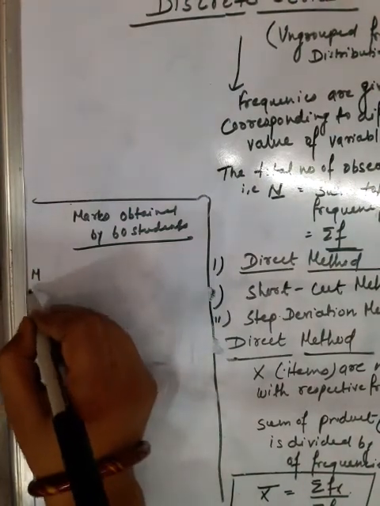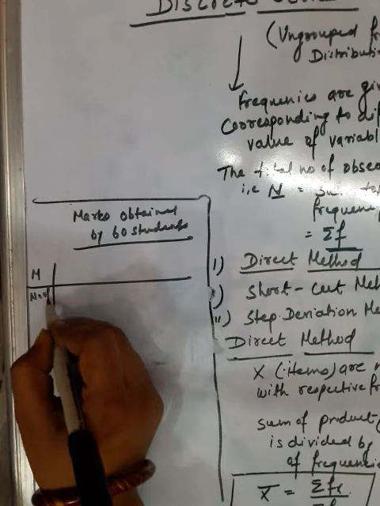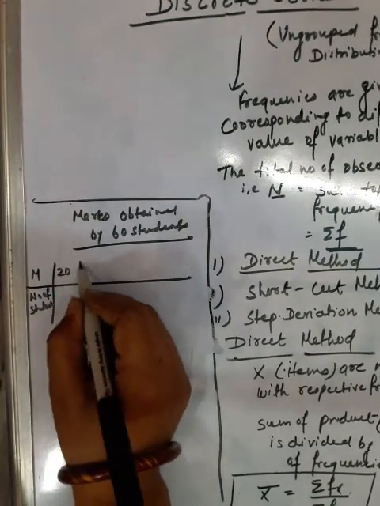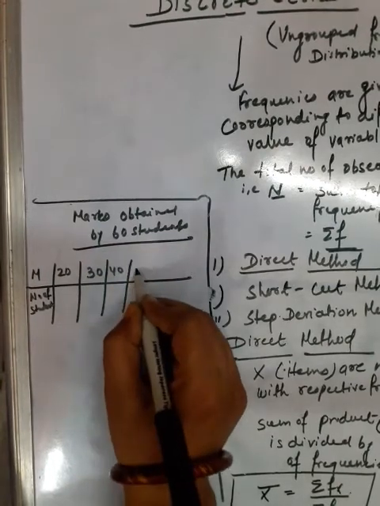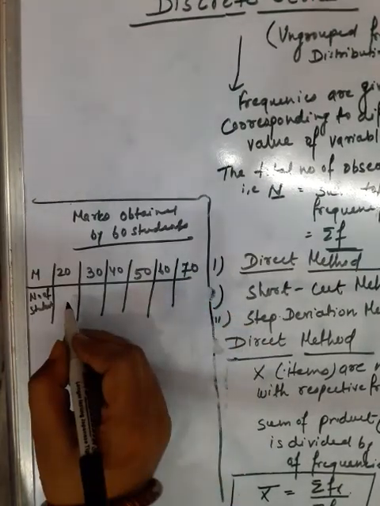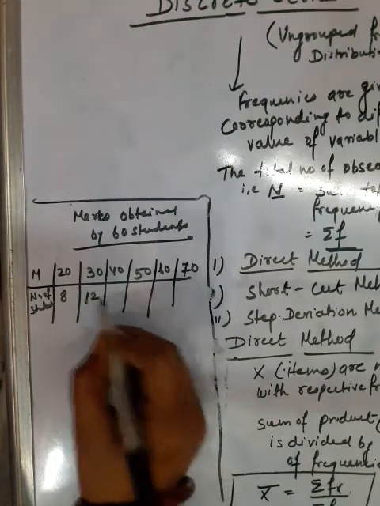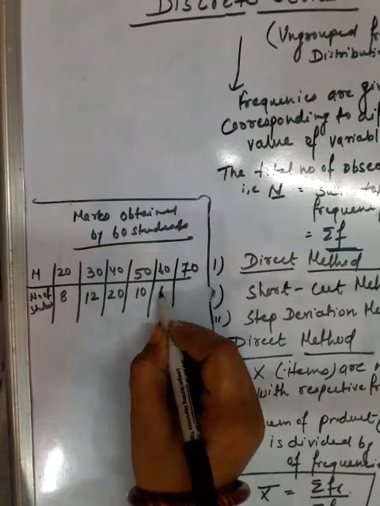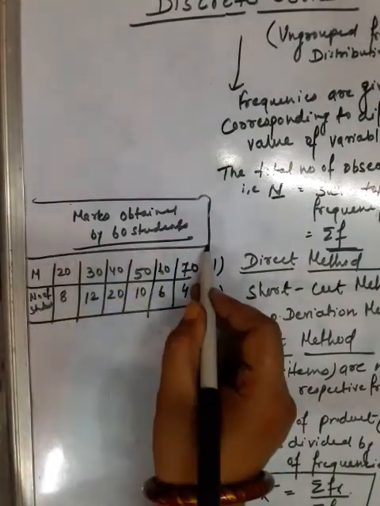That is the data: marks are 20, 30, 40, 50, 60 and 70, and number of students are 8, 12, 20, 10, 6, 4.